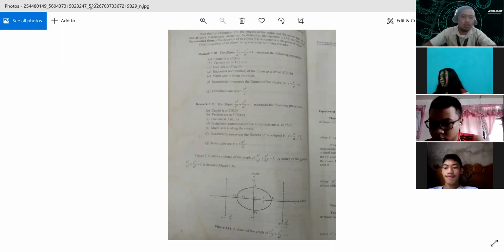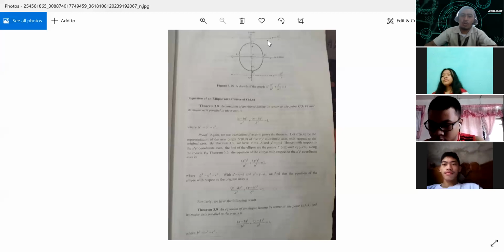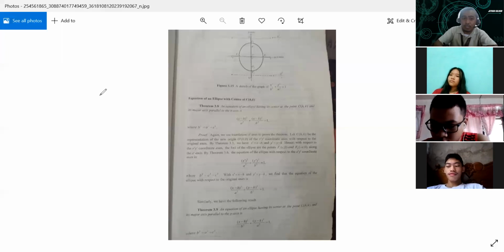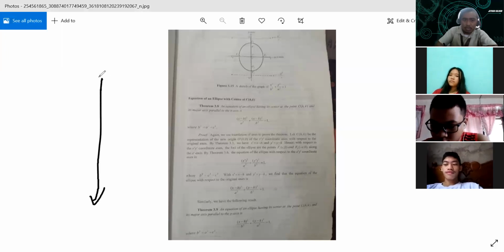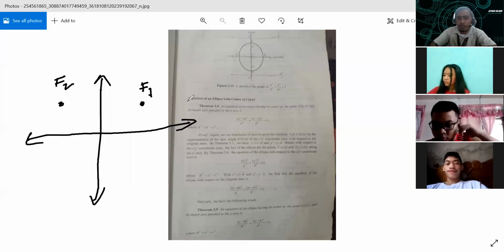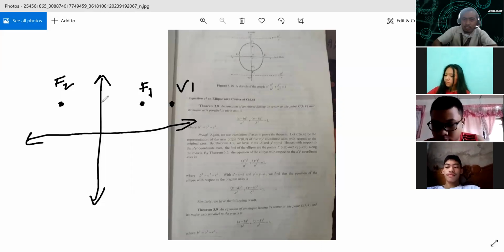We will now discuss what will happen if the center of your ellipse is not at the origin. Say for example, it will look like this. Say your focus 1 is here and your focus 2 is here. So somewhere here is your vertex 1. The foci and vertices should be collinear, meaning they lie on the same line.